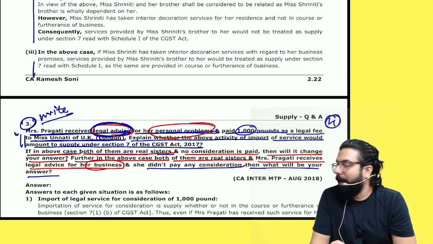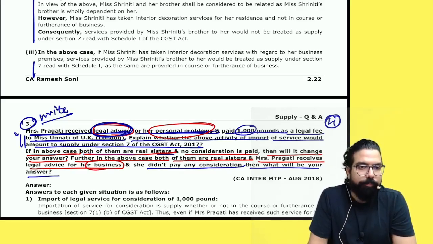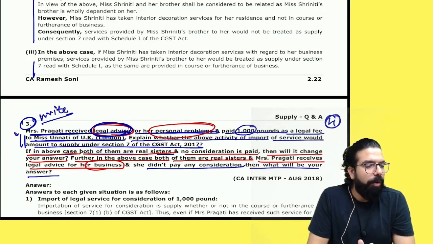Don't copy, write. People watching at home, please write.